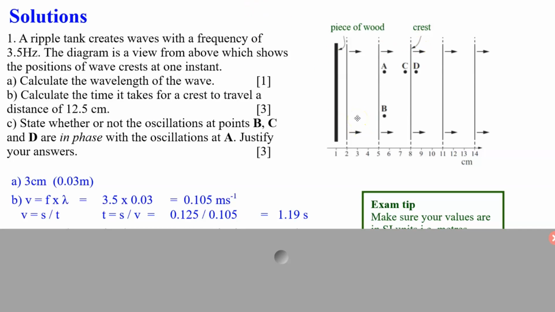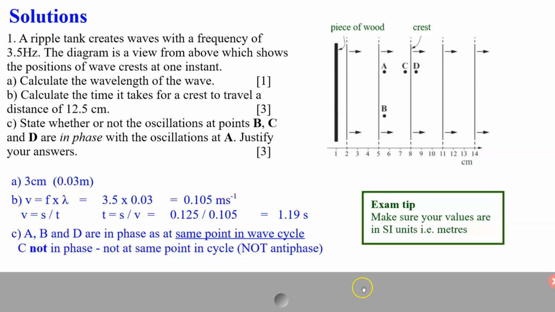You can do that. Just say, assuming the wavelength is 2 meters or 5 centimeters, then you should, hopefully, if you show all your working out, get 3 marks, even though you couldn't do part A. So that's another exam tip. Always have a go and make up values. You may not get full marks, but you may well. So a good examiner should give you full marks for that.